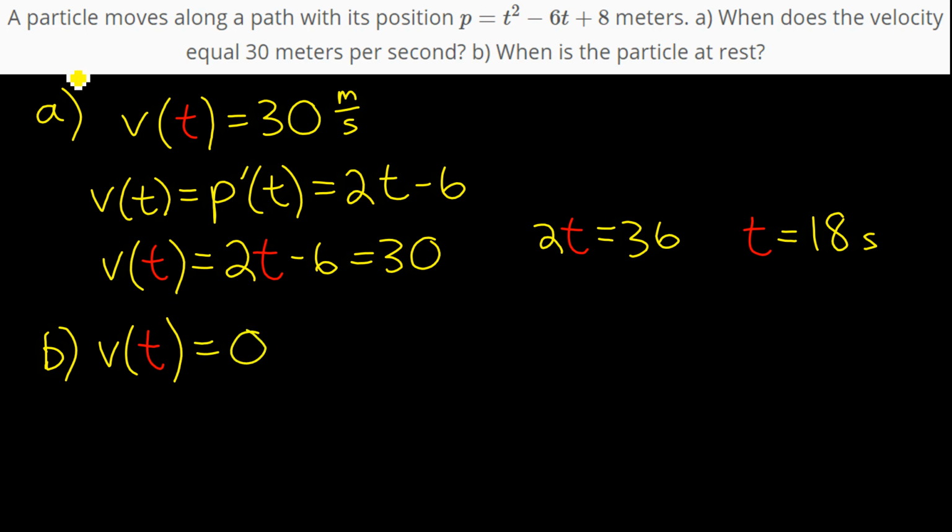So we know that my velocity function is equal to 2t minus 6. So all I need to do is solve for that. So you should end up with 2t equaling 6, and simply t is going to equal 3 seconds.